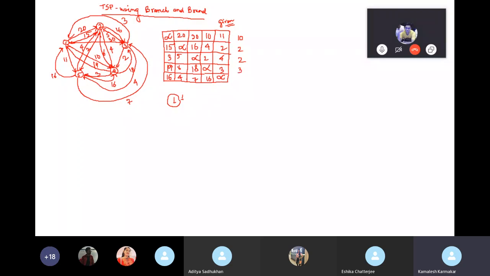The minimum value of the last row is 4. In this reduction, I will show it step by step.